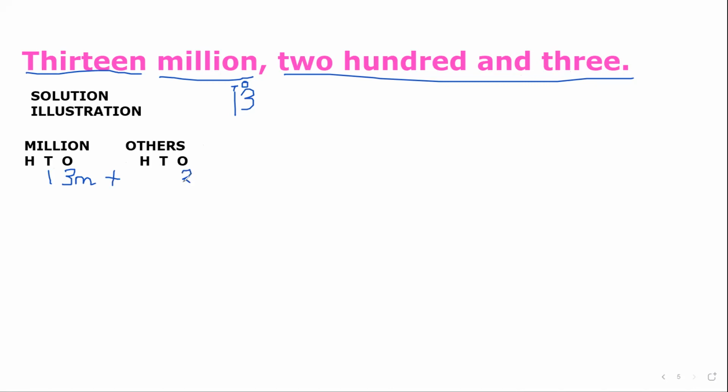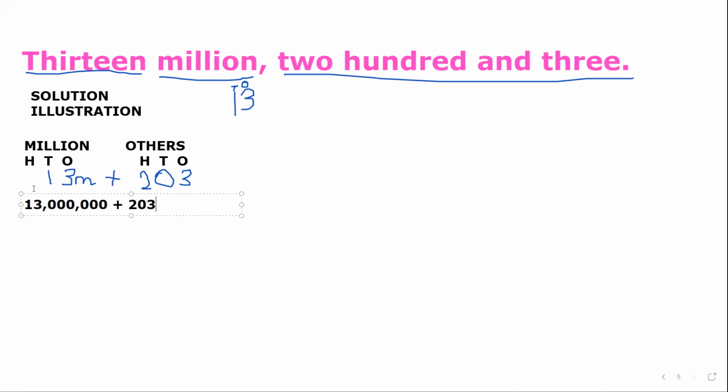Okay, plus then others, we have the 3 here, and 200. Therefore, the 2 will be under the hundreds. The question didn't talk about the tens of others, so you put 0 to represent that. Remember, we said the million possesses 6 zeros. So when you put them here, you get 13 million, which is the 6 zeros, plus the others, which is the 203.